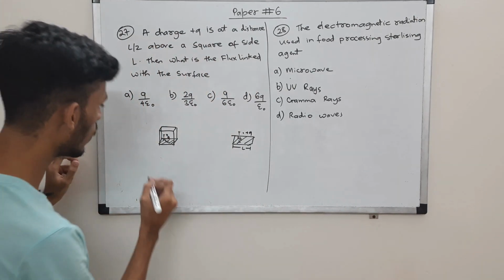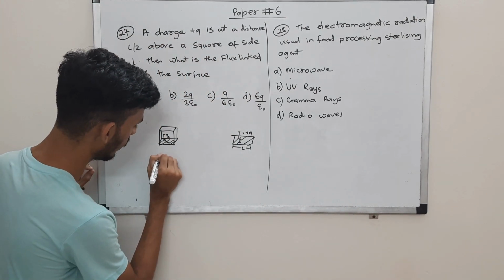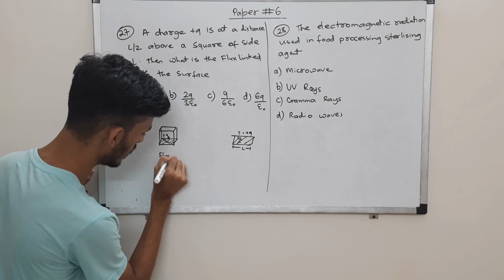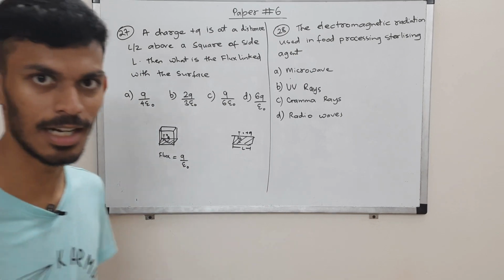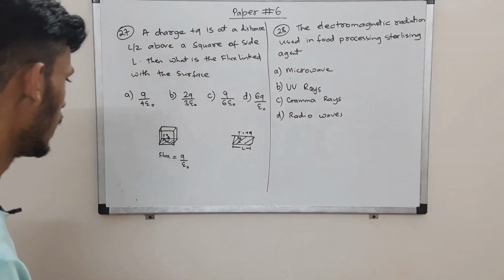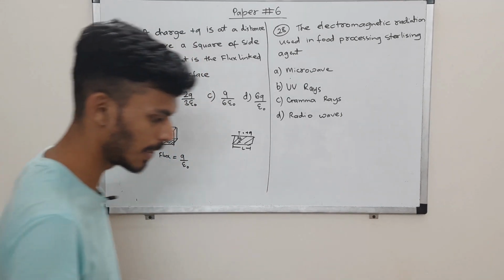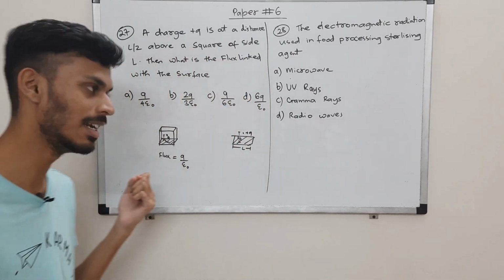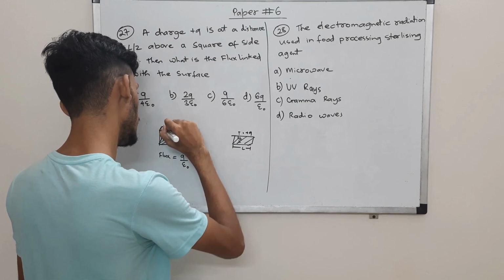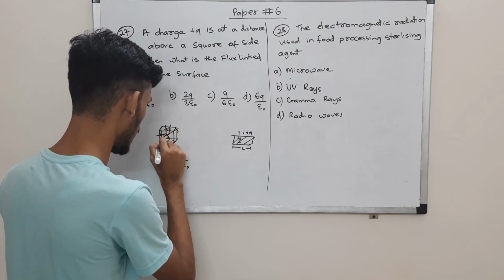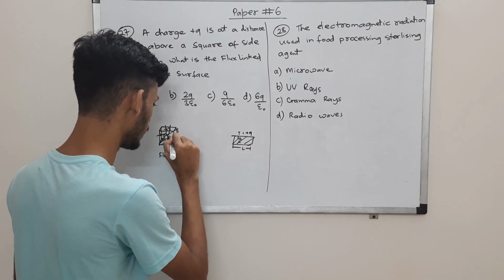By Gauss law, you can simply say that the flux linked with this is q by epsilon naught, the charge enclosed divided by epsilon naught. Now it's simple to see, as I have mentioned, that the charge q is at the center of this cube. So the flux is uniformly distributed among the faces, and there are 6 faces for the cube.